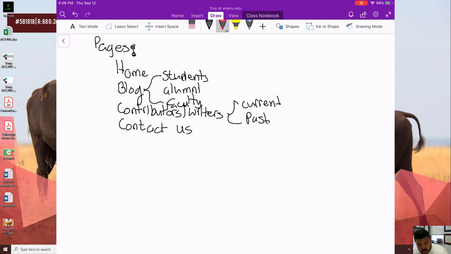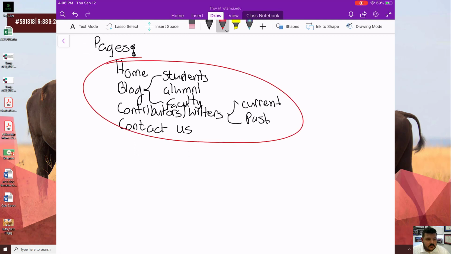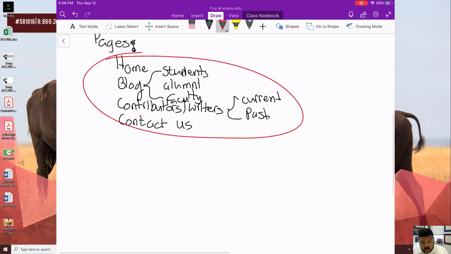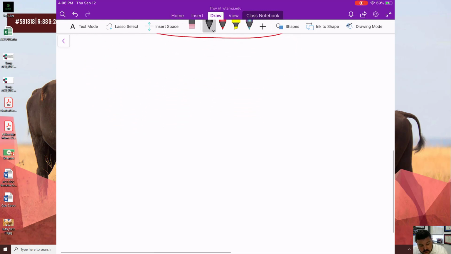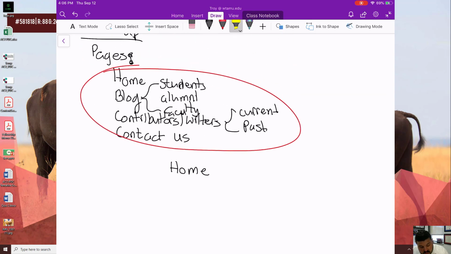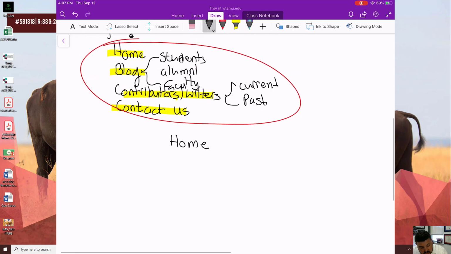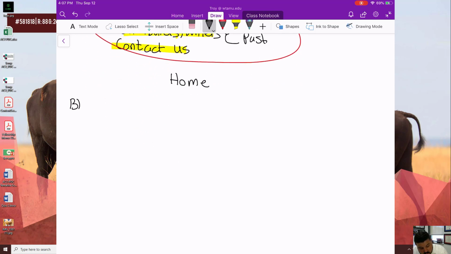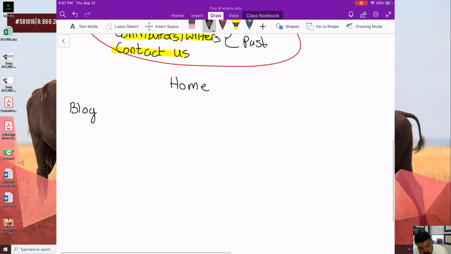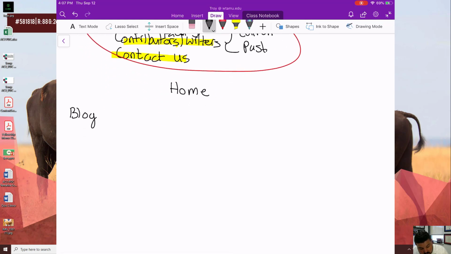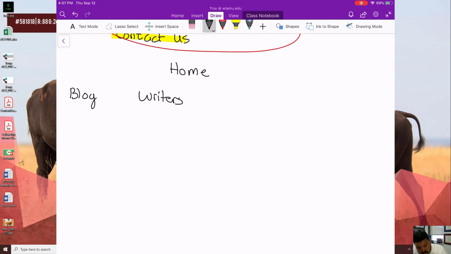So now what we're going to do is take all these pages and create a map out of them. So the map, we're going to have our home page at the top. Under that, we're going to have our main pages. And that is going to be blog and writers and contact us.